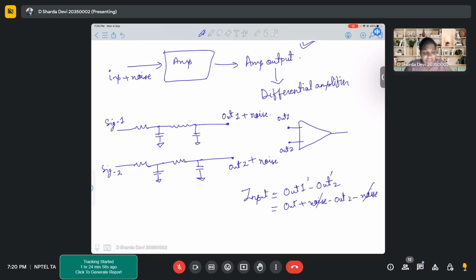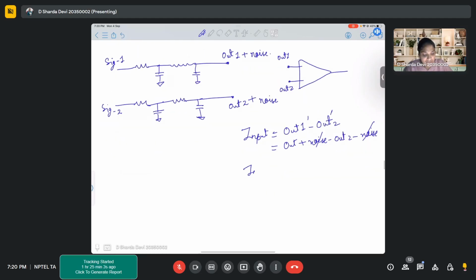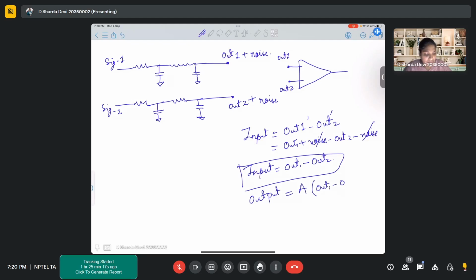So the noise components get cancelled, correct? And your input will actually be the actual input which you wanted. So the output will be the corresponding output, A times (out 1 minus out 2). So is this clear?